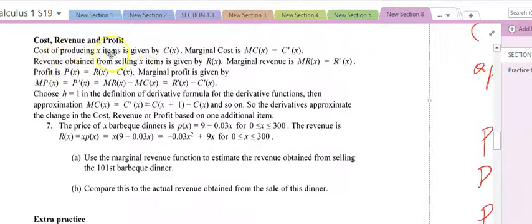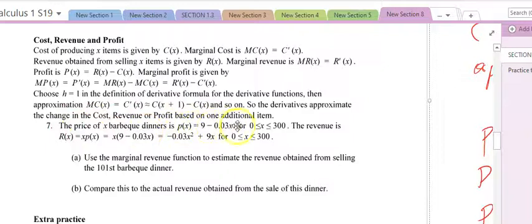So in this case, we're using the marginal cost or marginal revenue and our marginal profit situations. We know that cost was C of x, marginal cost is MC of x, that's C prime of x, and so on. We're using the same ideas. However, in the questions that we're doing now, we will take our h to always be 1. So let us apply that to our problem.